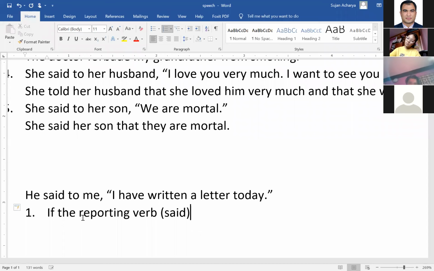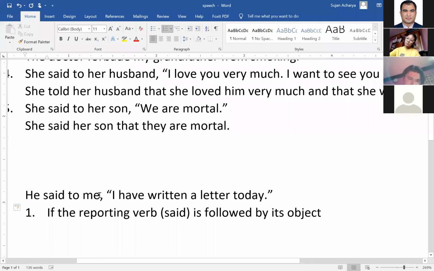Said is the reporting verb. If the reporting verb is followed by its object, which one is the object here?